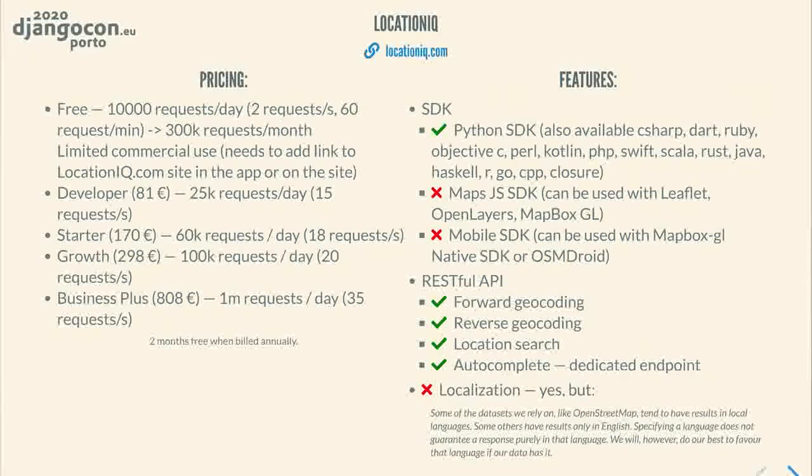So it has a bunch of native software development kits for Python, C#, Dart, Ruby, Objective-C, Perl, Kotlin, PHP, Swift, Scala, Rust, Java, Haskell, R, Go, C++, and Clojure.